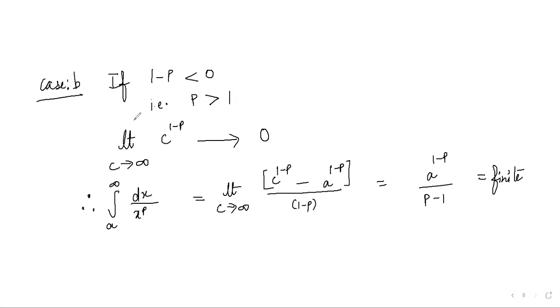So in this case, the improper integral for p greater than 1 is convergent, and the value of the integral will be a raised to power 1 minus p divided by p minus 1. So for p greater than 1, the integral is convergent.